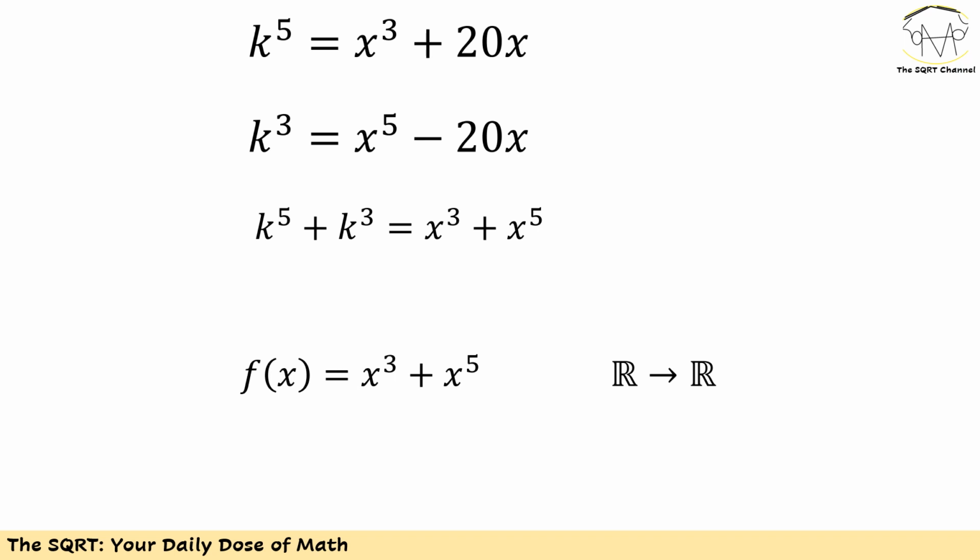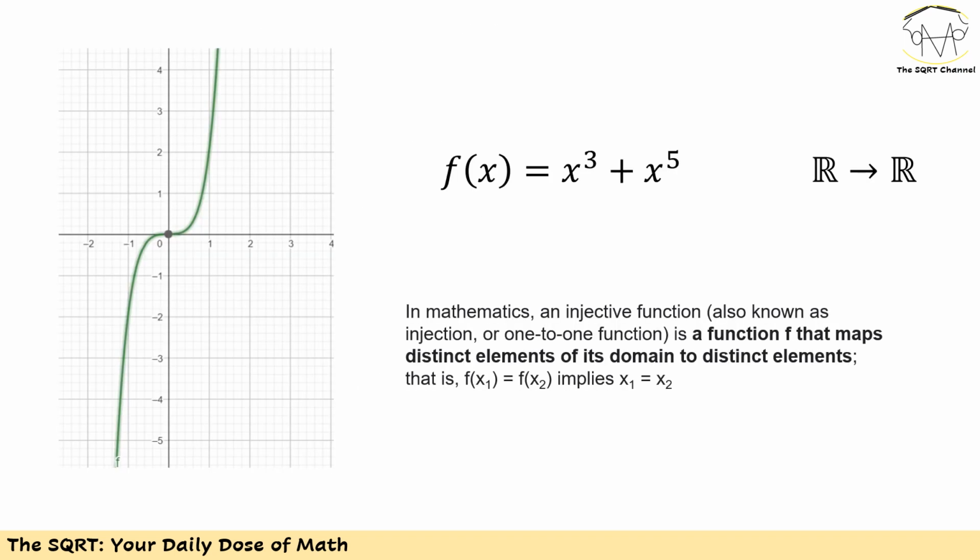What does it say? To understand the function that we just defined, I'm going to plot the graph. First of all, it's really easy to plot this graph, so don't think that it's hard to understand how this function is behaving. Second, I'm going to remind you of the definition of injective function.